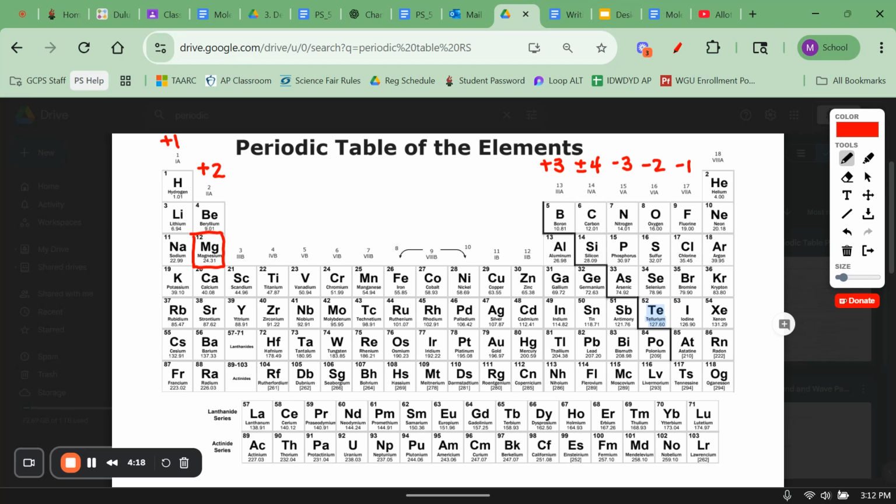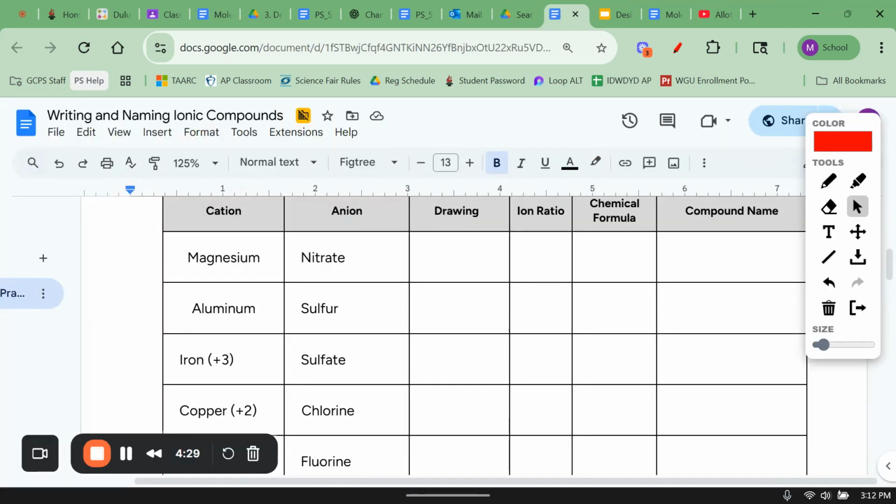If you have not written the ionic charge trend on your periodic table, please pause the video and do so now. Based on our ionic charge trend, we can see that magnesium is going to be a +2 charge. So magnesium looks like Mg +2 as a cation.